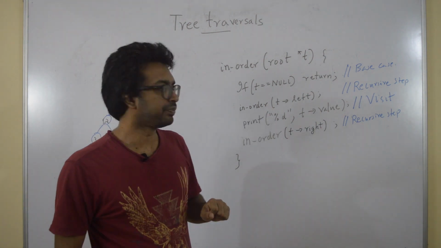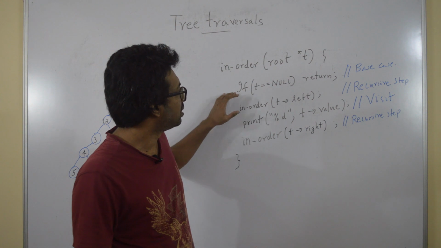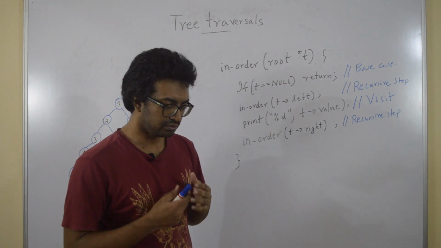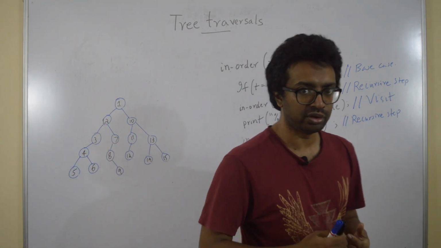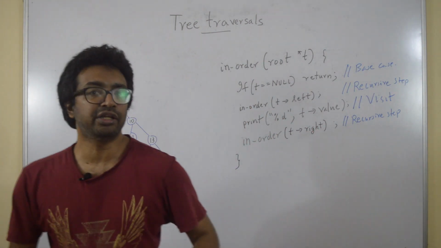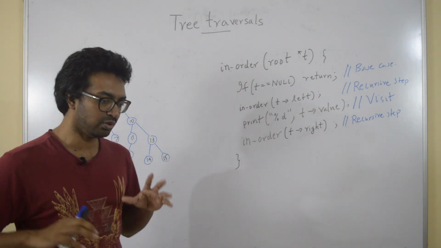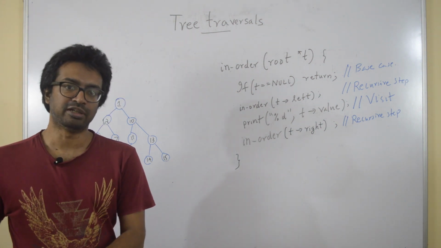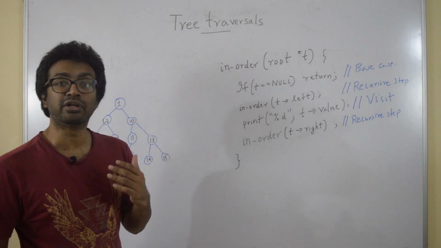As you could see, in an in-order traversal, before you visit the node, you traverse the left subtree. You traverse the left subtree, then you visit that particular node, and then you go to the right subtree. This is in-order traversal.